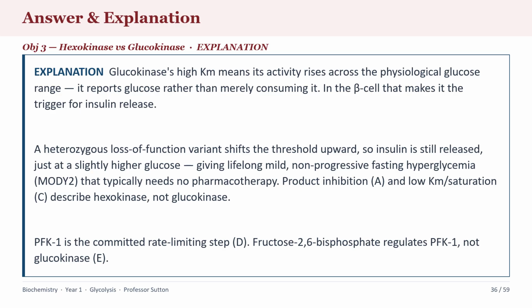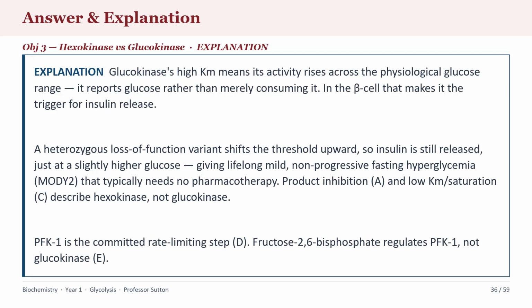Option A, allosterically inhibited by glucose 6-phosphate, is true of hexokinase, not glucokinase. Option C, low Km and saturated at all physiological concentrations, is also hexokinase. Option D, the rate-limiting committing step in all tissues, is phosphofructokinase 1. That's true, but not for this question.